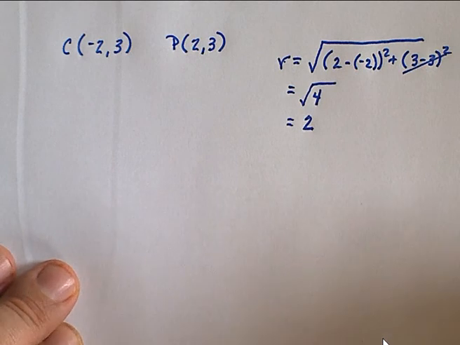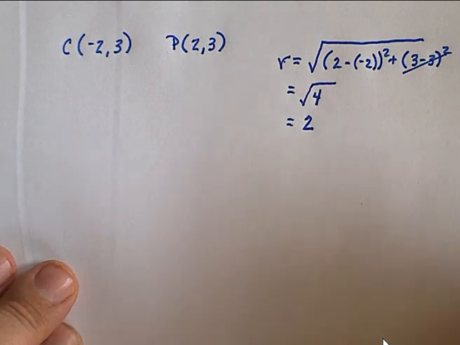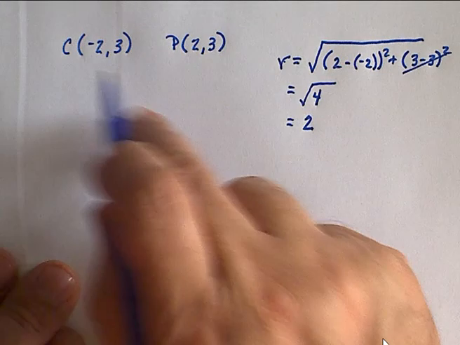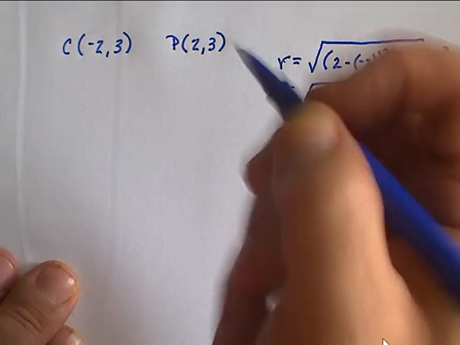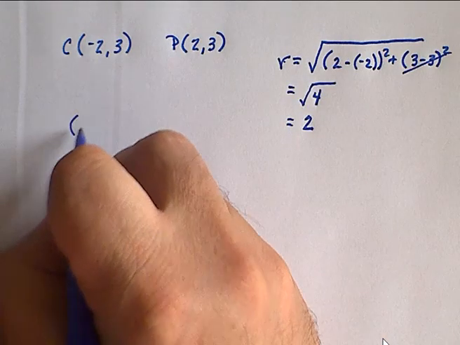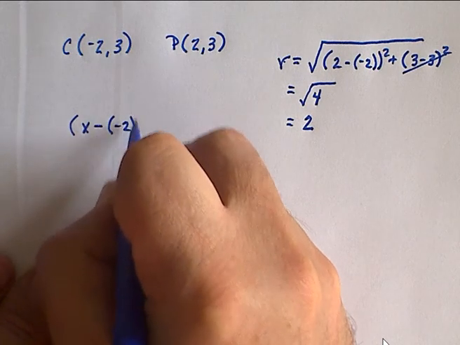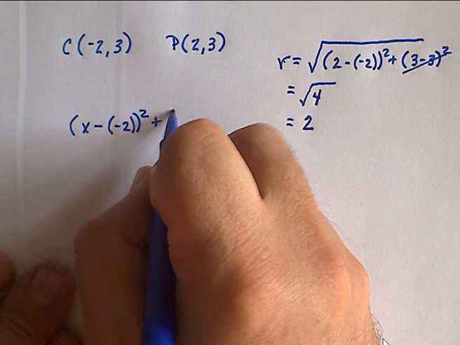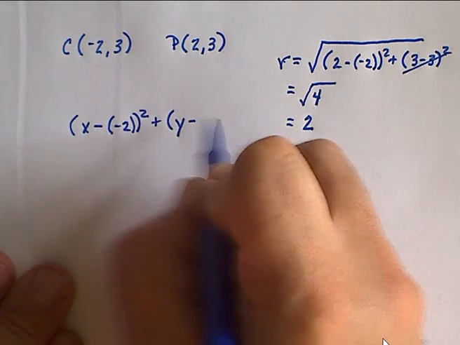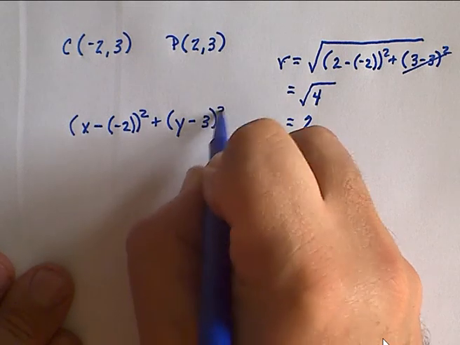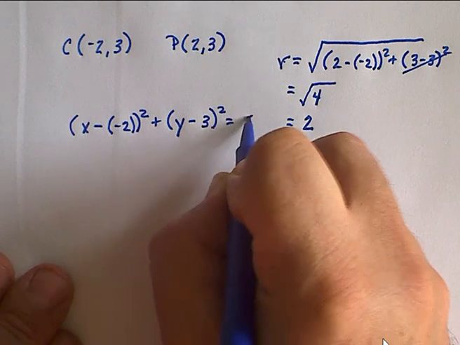Now that I've got that, I can go back and plug in with the standard form. So x minus h, which is negative 2, squared, plus y minus 3 squared equals 2 squared.